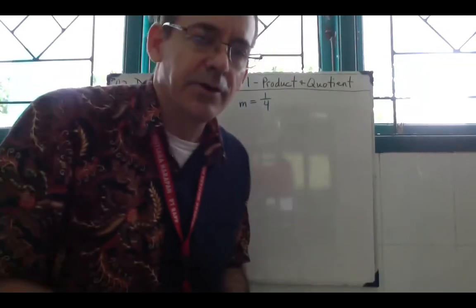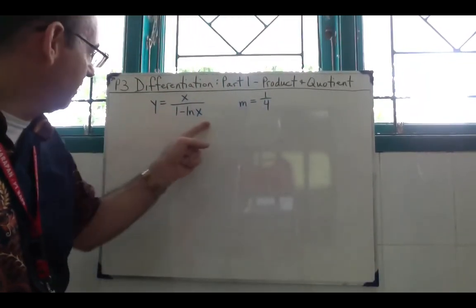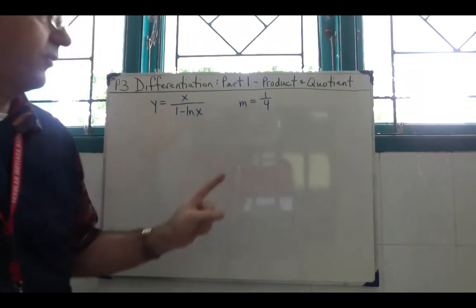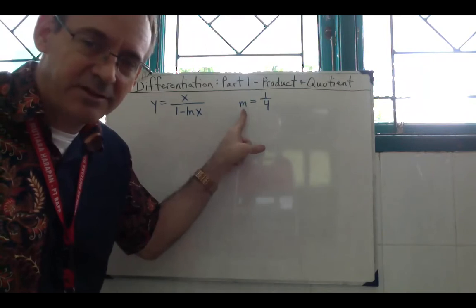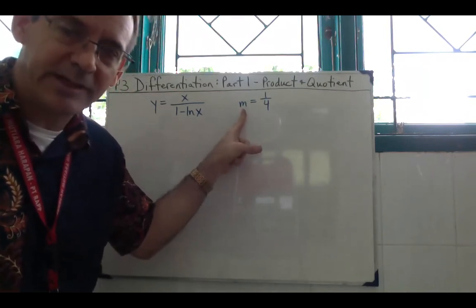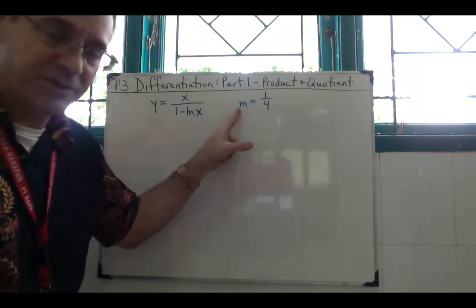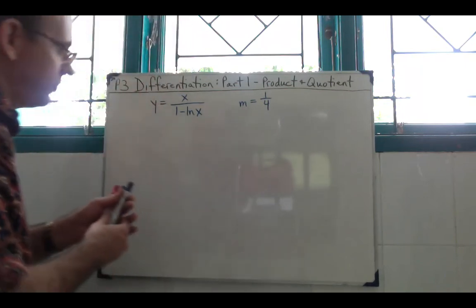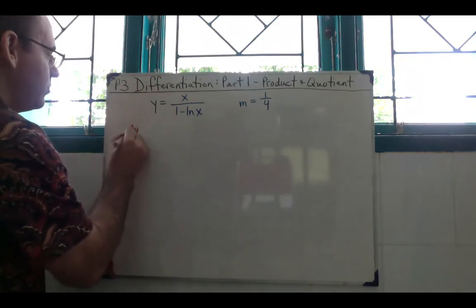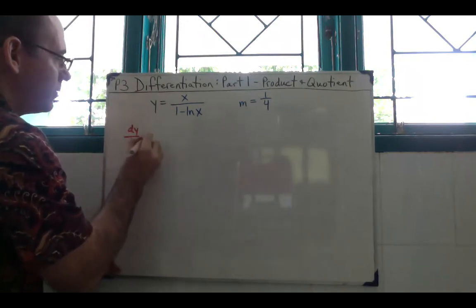Okay, so here we have our equation on the board. The gradient is 1/4, and remember, the application of the derivative is slope. So that tells us that we need to do the derivative. So if we do the derivative here, we get dy/dx equals.